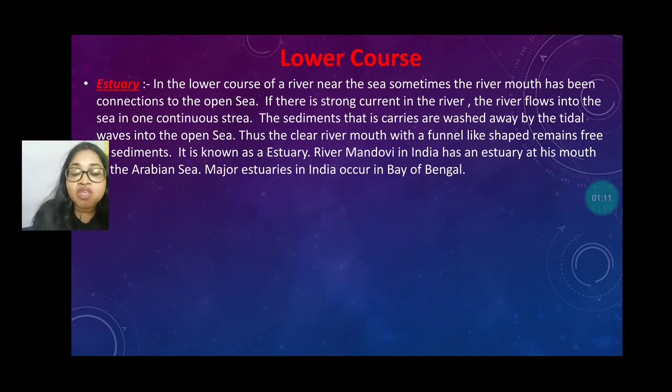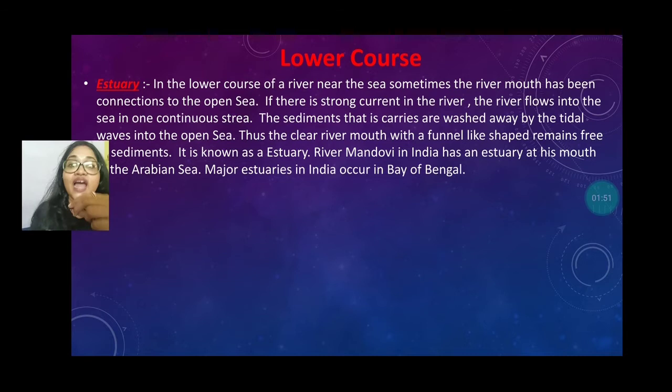How does the estuary form? In the lower course of a river near the sea, sometimes the river mouth has a connection to the open sea. If there is a strong current of the river flowing into the sea in one continuous area or strait, the sediments that the river carries are washed away by the tidal wave into the open sea.